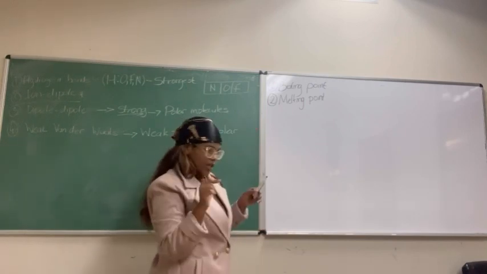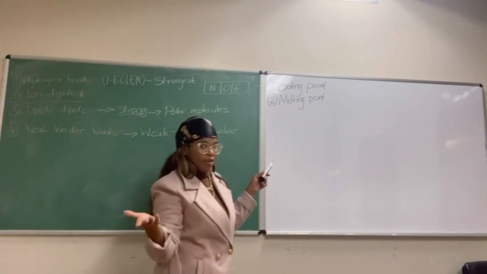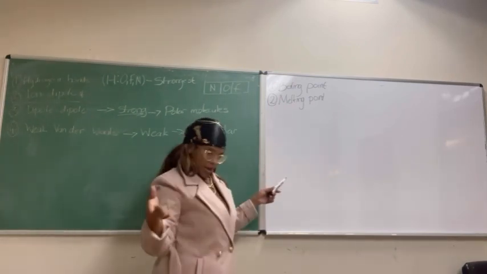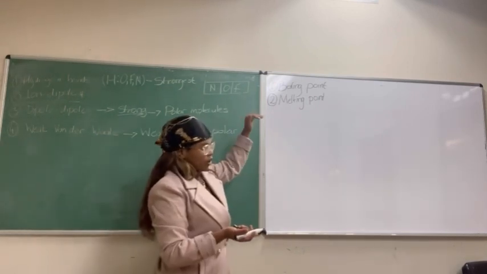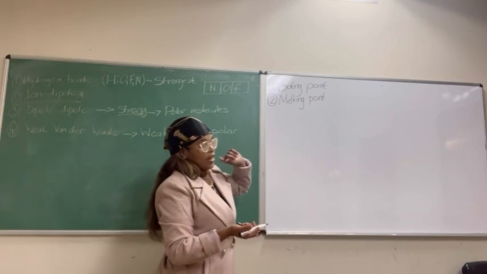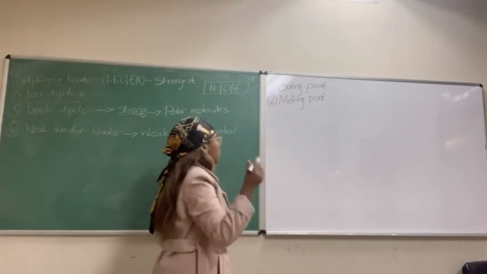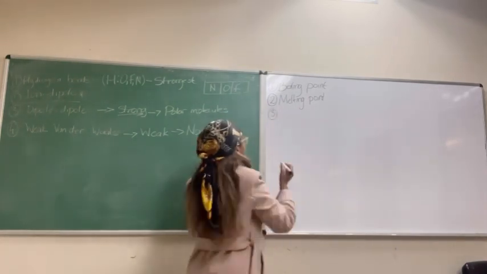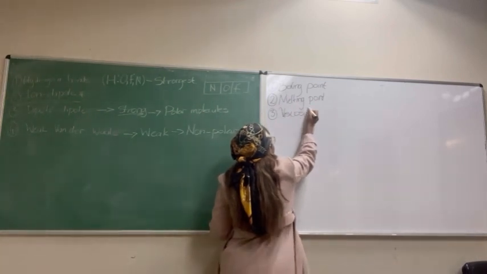And then the water will boil, and when it boils, it turns into a gas, which is water vapor, and it boils at what degree? 100 degrees, which you all know. So the boiling point will be 100 degrees for water, and the melting point will be 0. Okay, so the third one that we have is viscosity, which I will explain just now.